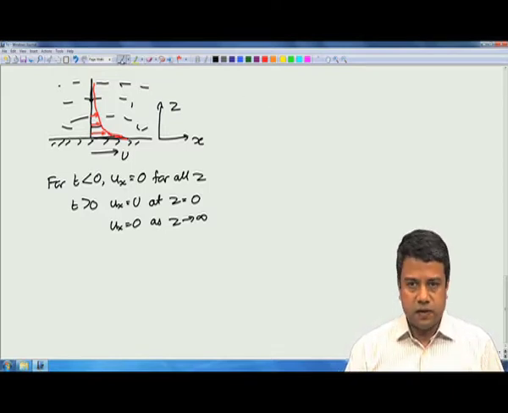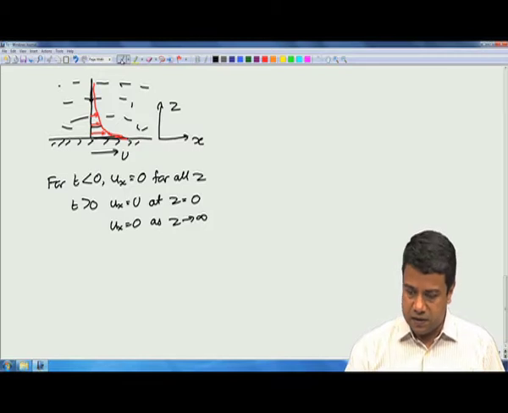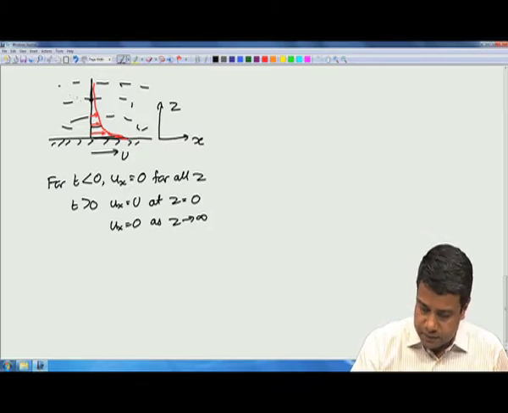Now, the balance law in this case is usually written slightly differently. So, I will use the slightly different formulation of the balance law, which is basically Newton's law. Rate of change of momentum is equal to sum of applied forces. So, that is the balance law in this case.